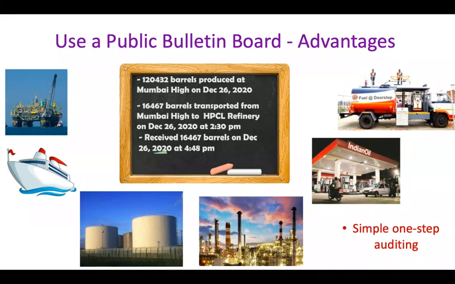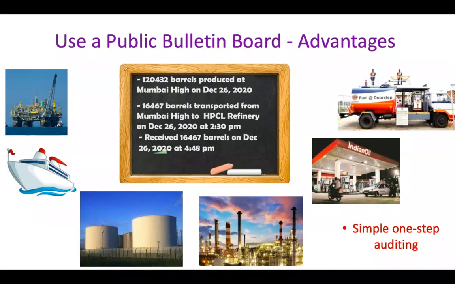Everyone, if they have any information, can add some additional information here, but they cannot erase this information. So it is a simple one-step auditing. Once it is added, it is visible or available to every entity in this network. So then it achieves peer-to-peer information exchange.